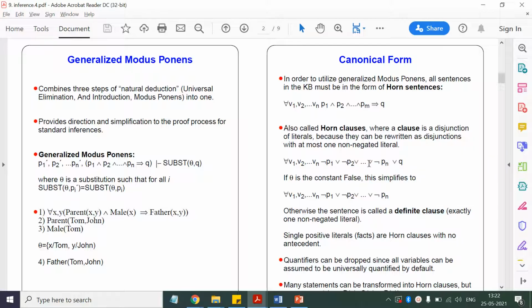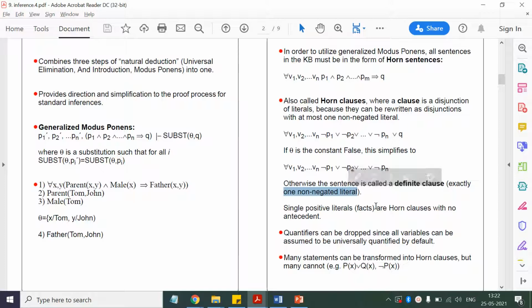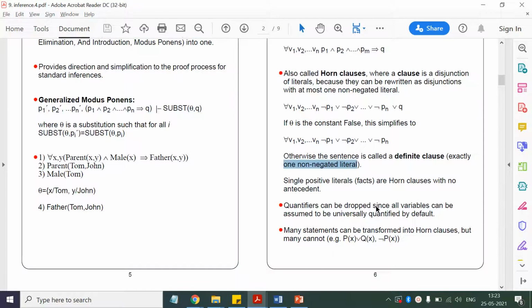And if we have at most one positive literal, then it is known as a Horn clause. So in a Horn clause we have at most one non-negated literal, and in a definite clause exactly one non-negated literal. This will come when we study forward chaining and backward chaining, or in refutation also.